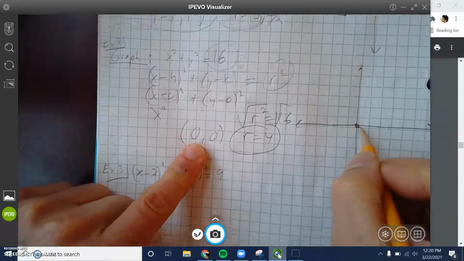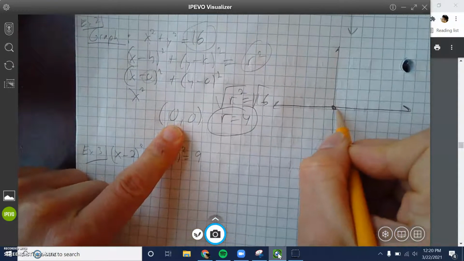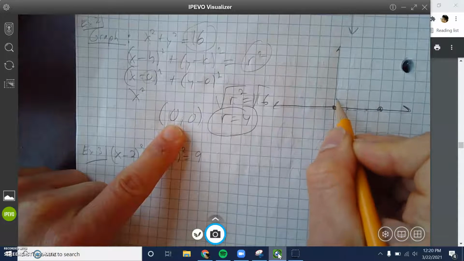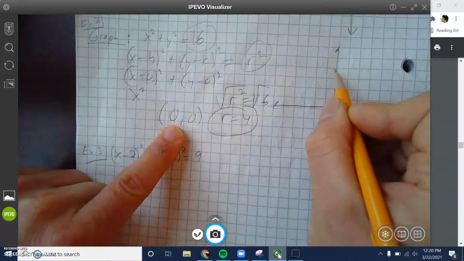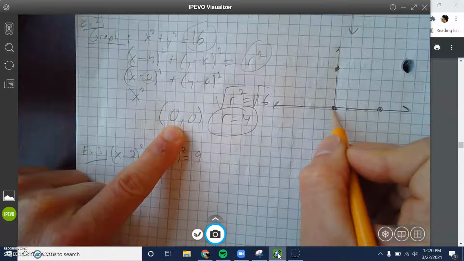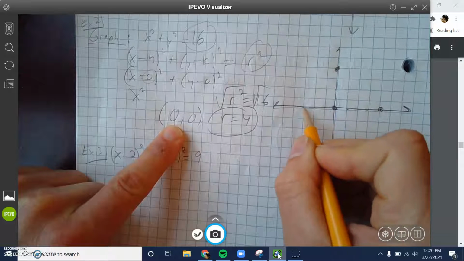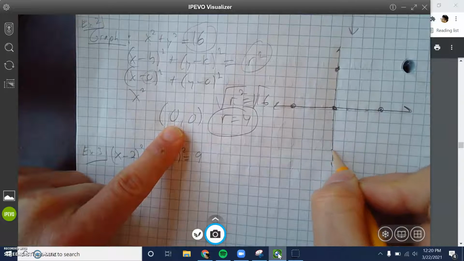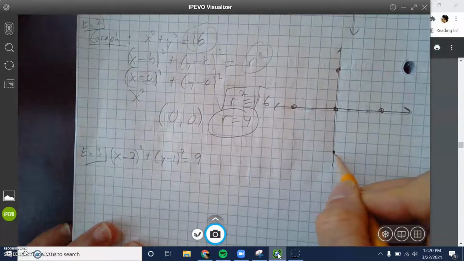So what am I going to do? Well, I'm going to go 4 to the right, 1, 2, 3, 4. Put a dot, back to the center. Up 4. Put a dot, back to the center. Left 4. Put a dot, back to the center. Down 4. Put a dot, back to the center.